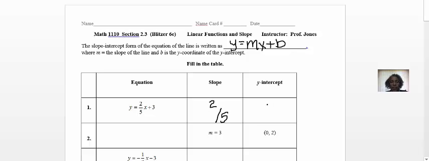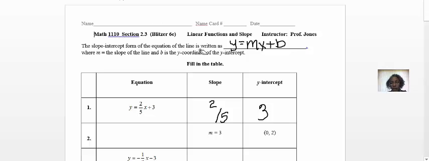The y-intercept is the constant on the opposite side of the equation from y when that side of the equation is in simplest form. So in this case, that's 3. Now here in the second situation, we have the slope and we have the y-intercept.